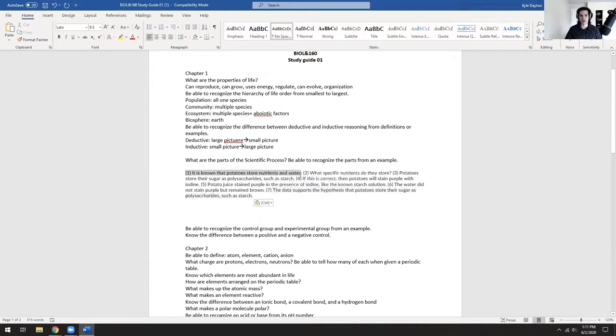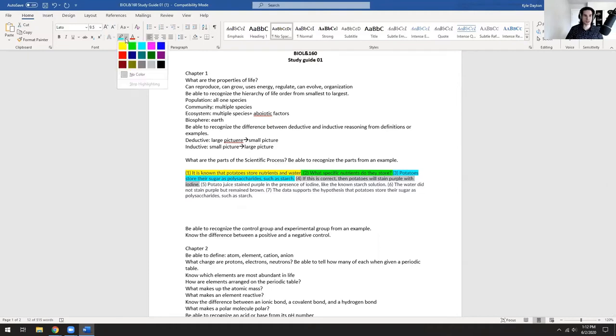So 1 would be background research, 2 would be your question, and then 3 would be your hypothesis, and then 4 would be potatoes will stain purple with iodine.